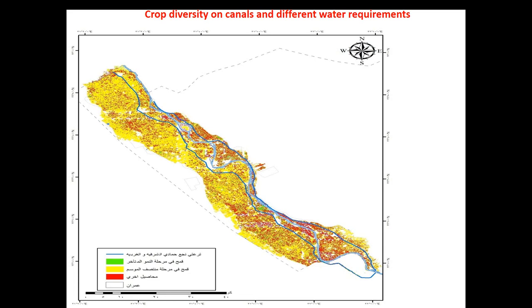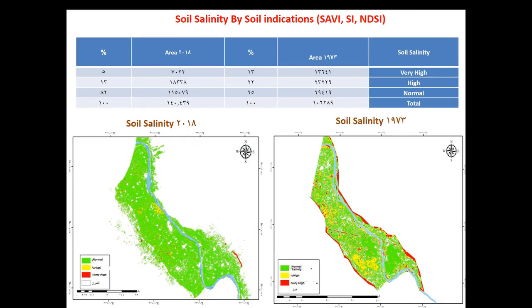We can see in the map resulting from satellite image classification and analysis, yellow areas are mid age, green is old age, and red is the other crops.